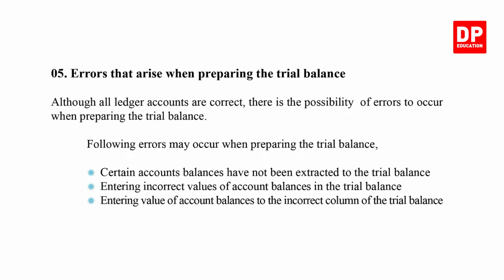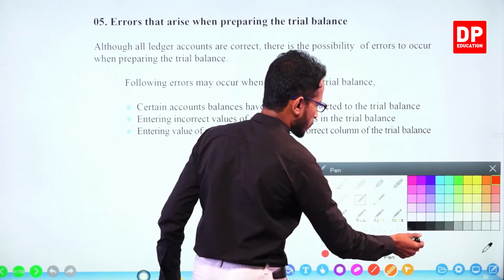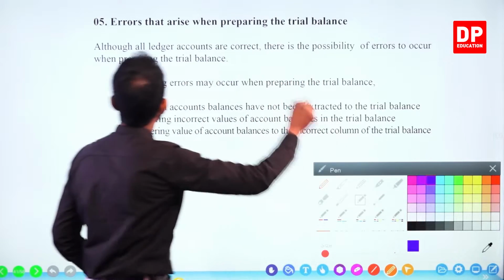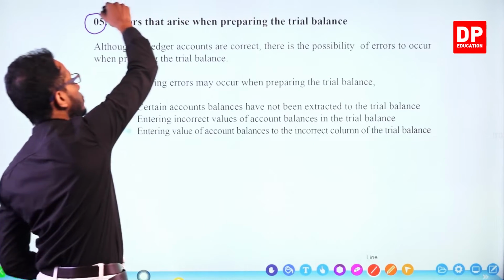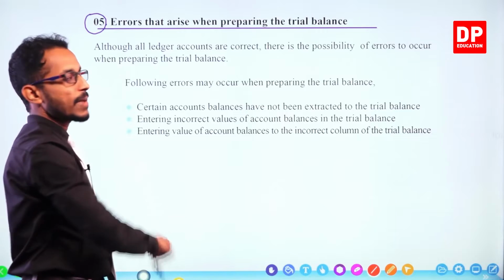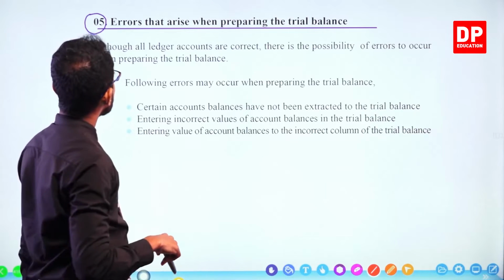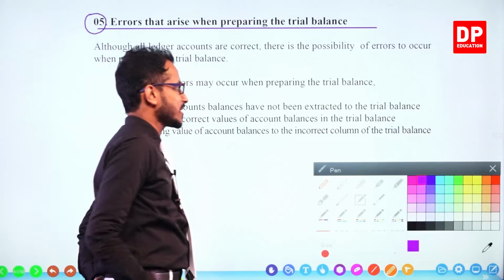Next error, last error in this section. Errors that arise when preparing the trial balance. What does it say?